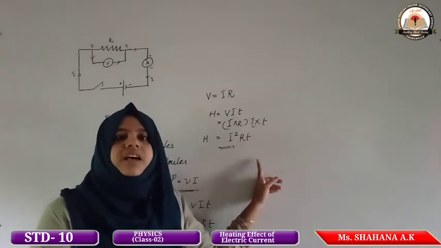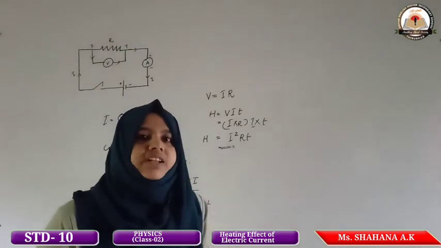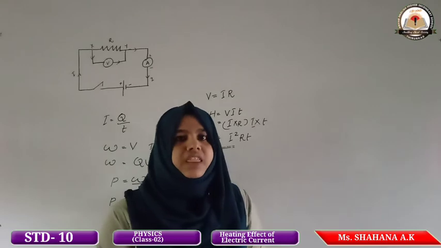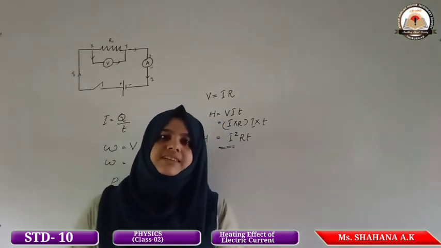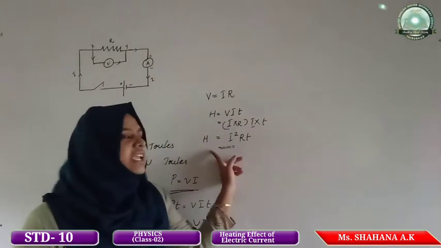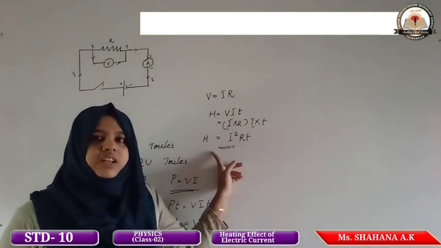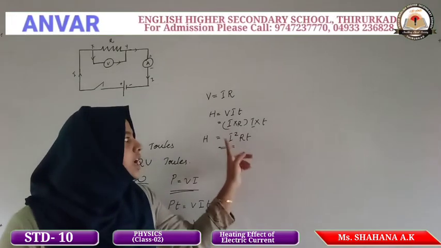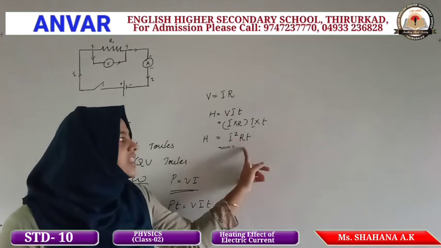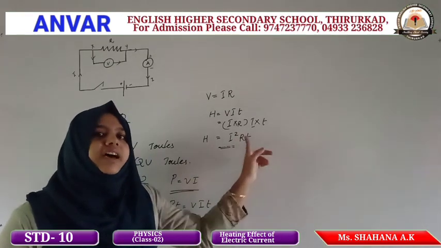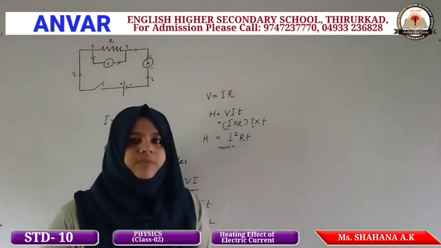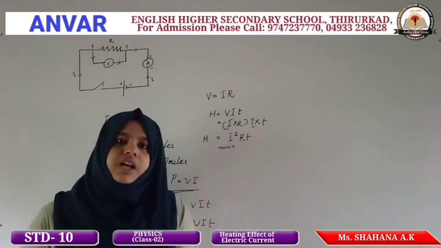So these are the three factors which influence the heat generated in a circuit. That's all about Joule's law.